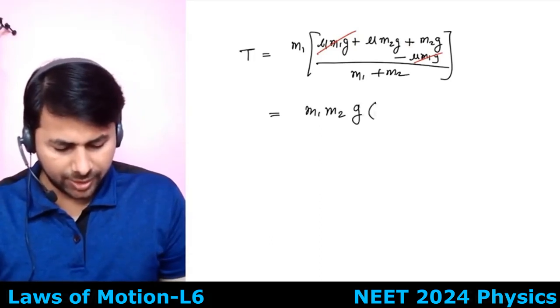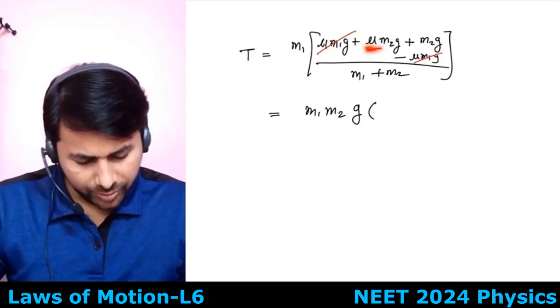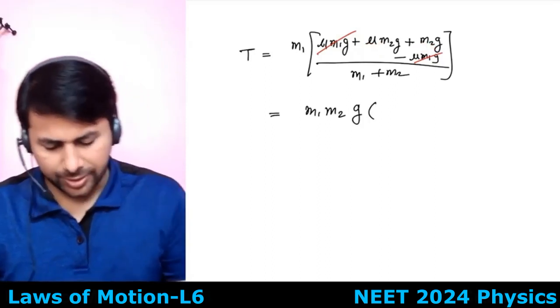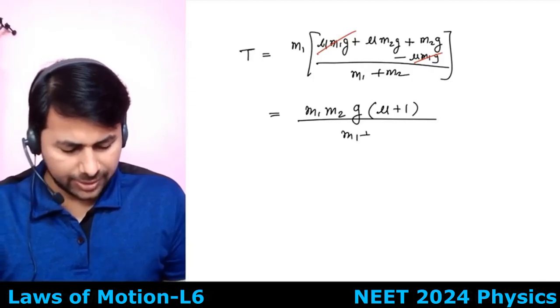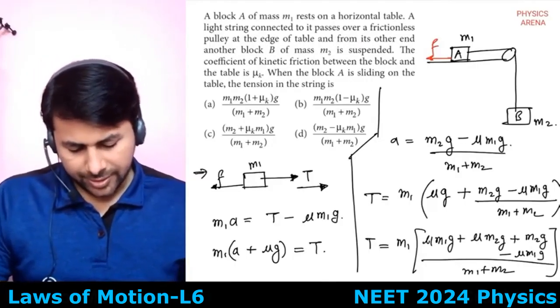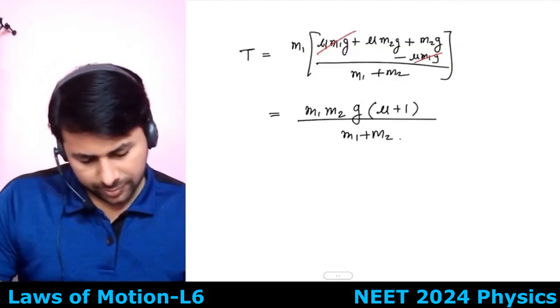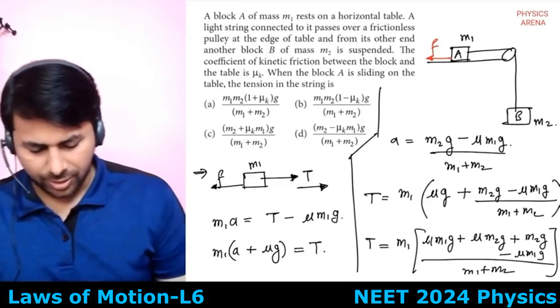So M1 M2 G, and what do I have? Here I have mu, and here I have 1 only. So mu plus 1 divided by M1 plus M2. This is the answer. So let's check option A, right? It's option A.